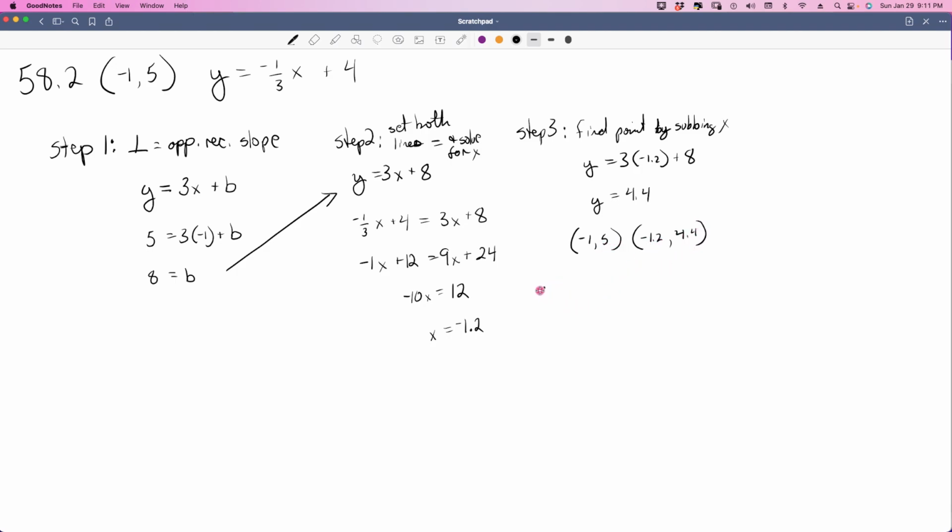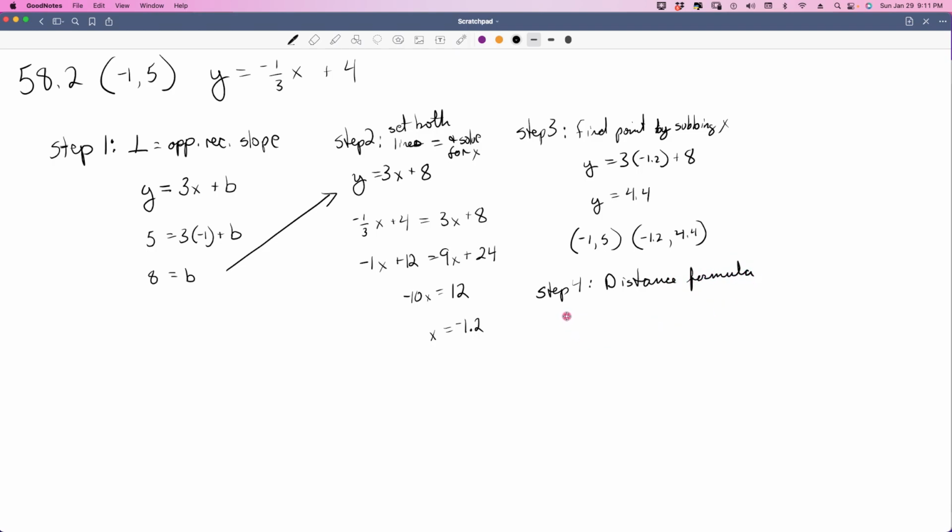Now we're just going to use step 4. I think I skipped a step somewhere. I think the last one had 5 steps. Now we're going to use our distance formula. So the distance formula is the last step to find the distance.